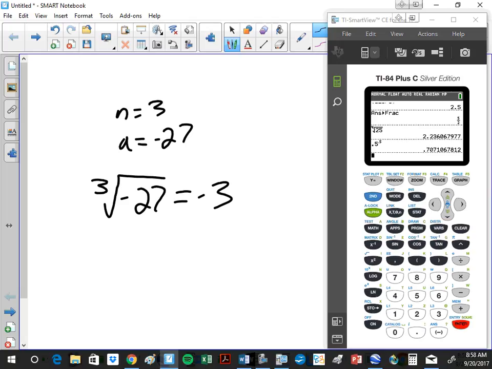Example 2, oh wait, number 2, sorry. The sixth root of 64. Is there a number you can multiply together 6 times and get 64? Well, you plug that in your calculator, and out comes the answer. Okay, example 2.